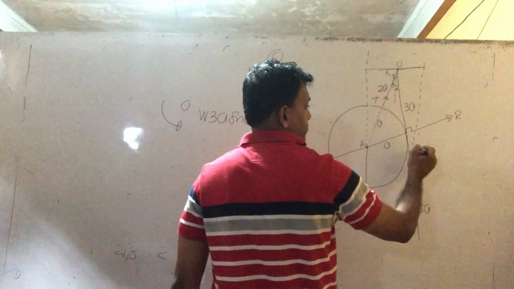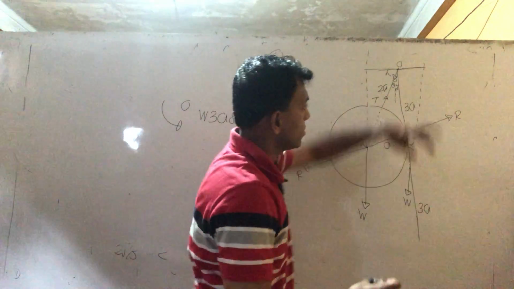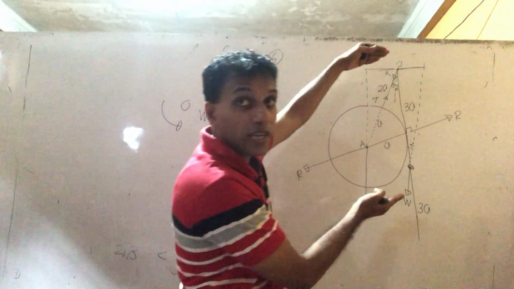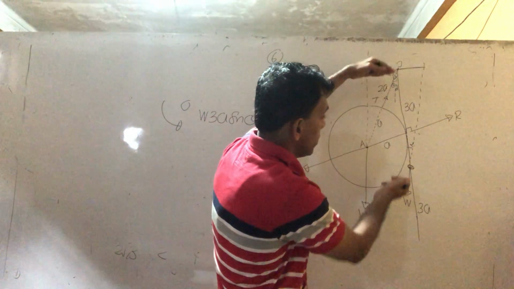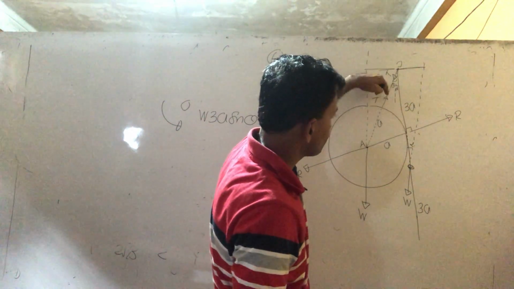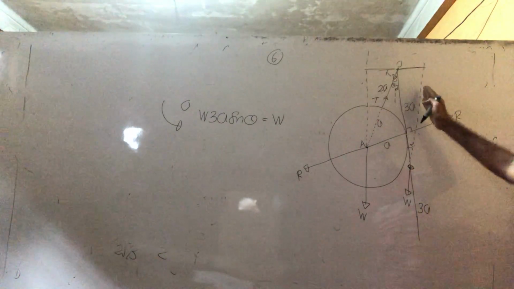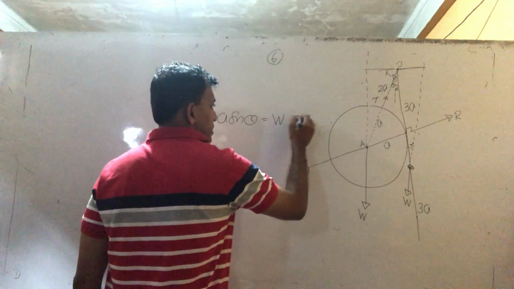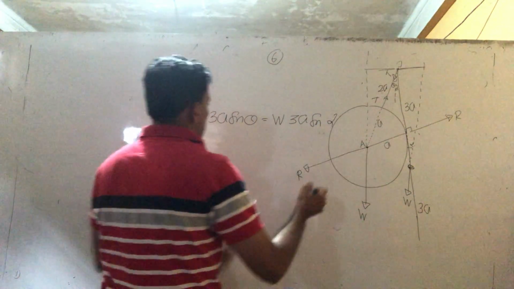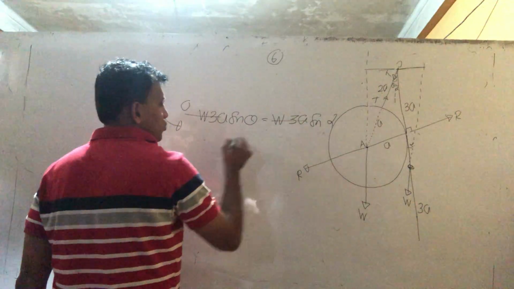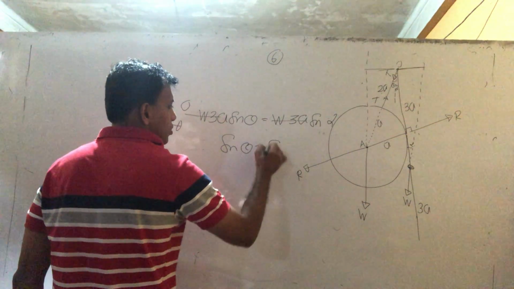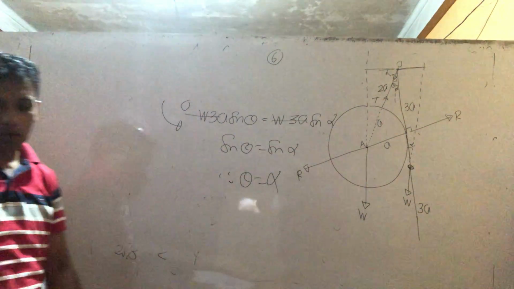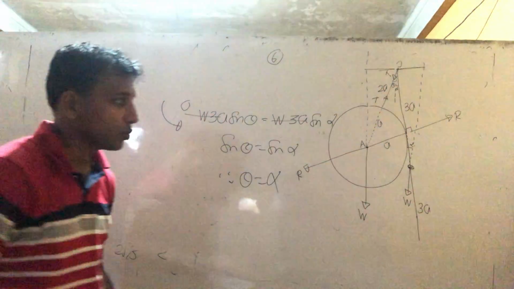So here alpha, then here alpha. The rod is 6A, so up to here 3A. If you resolve this part, it becomes 3A sin alpha, right? W 3A sin alpha. So clear, see that W3A cancel, sin theta equal to sin alpha, therefore theta equal to alpha. Theta equal to alpha, okay.